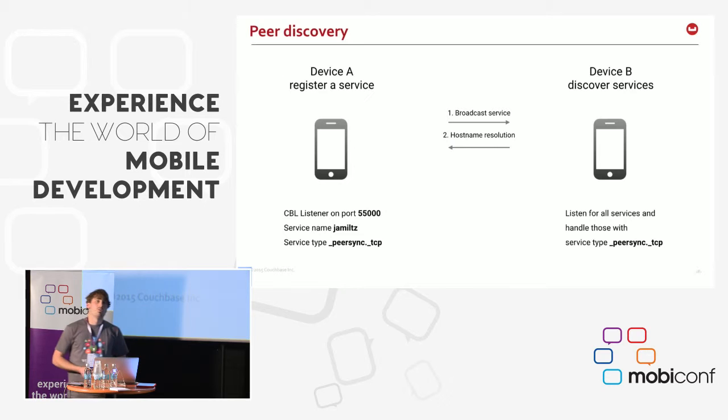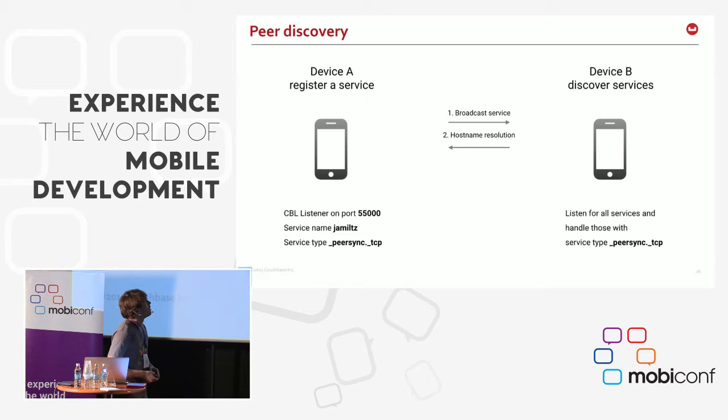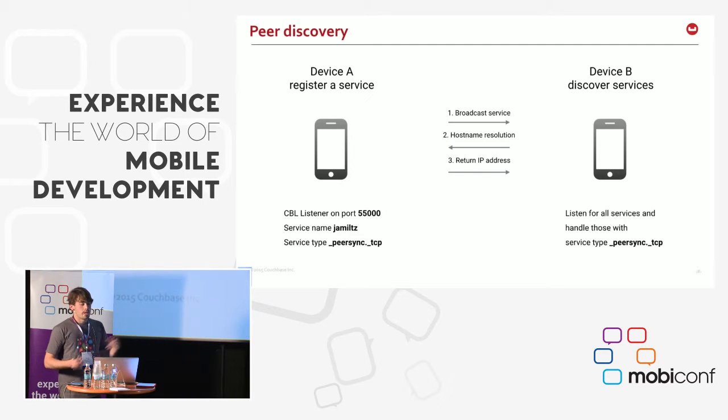If it had to resolve the hostname for all the peers, regardless of whether you wanted to connect to them, it would be bad for performance. And then it returns the IP address, and with that you can do a push or a pull replication.